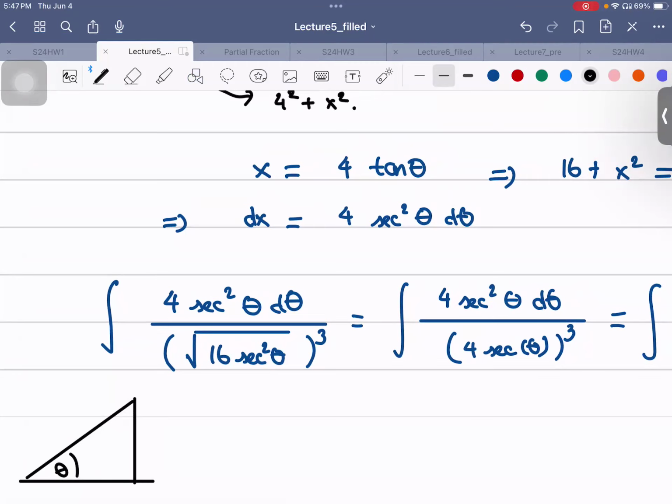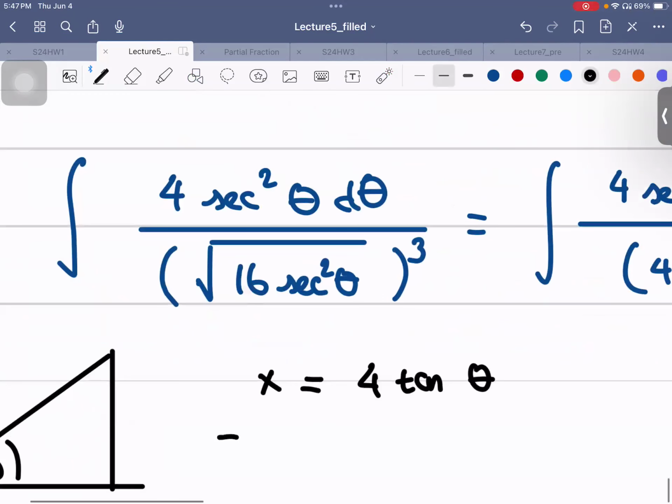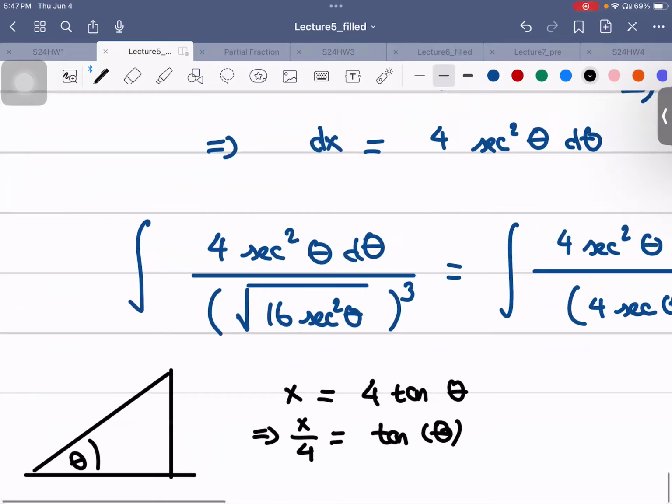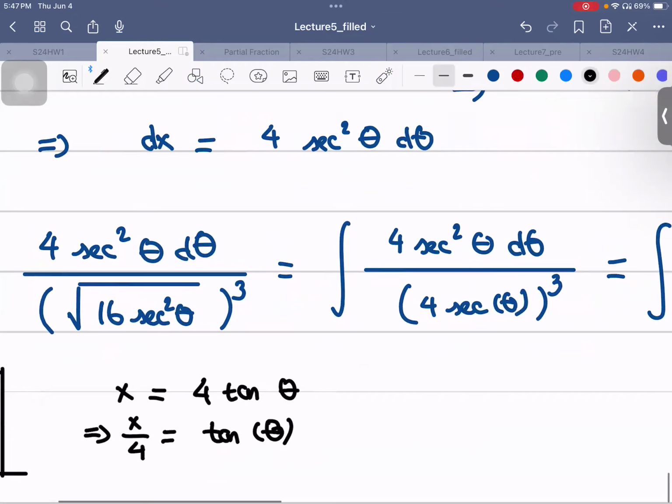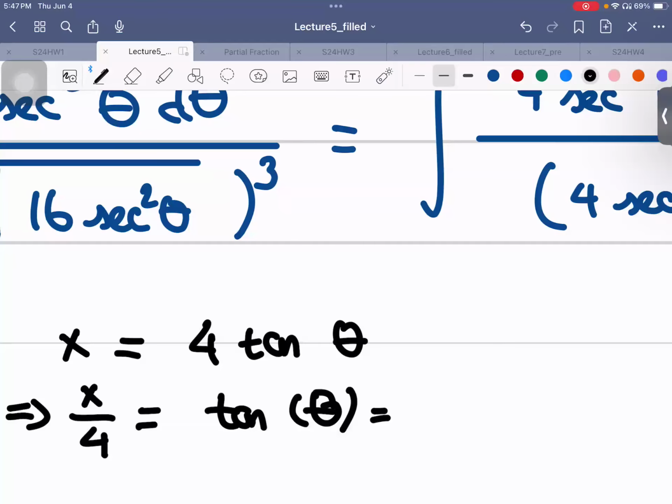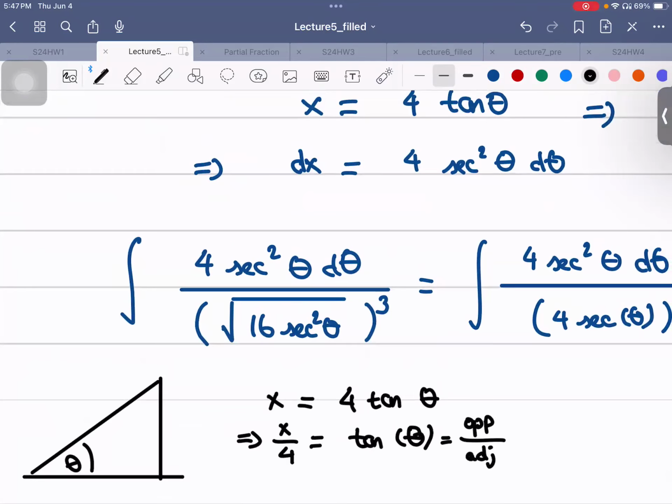Over here, you have x equal to 4 tangent of theta. This is what we set up initially. So that means x divided by 4 is tangent of theta. Tangent of theta is opposite divided by adjacent.